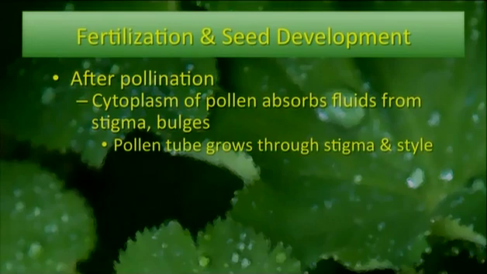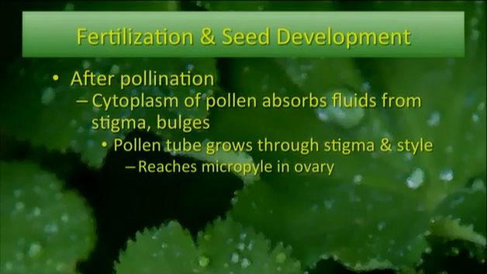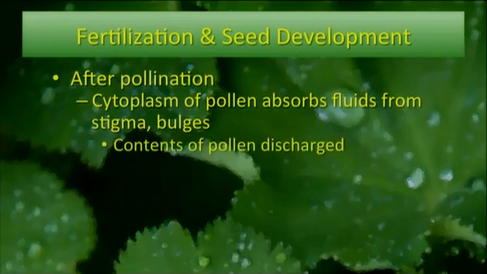The pollen tube grows through the stigma and through the style, then finally reaches that little pore in the wall, the micropyle in the ovary. And in corn, these pollen tubes can grow 20 inches long. It's amazing.